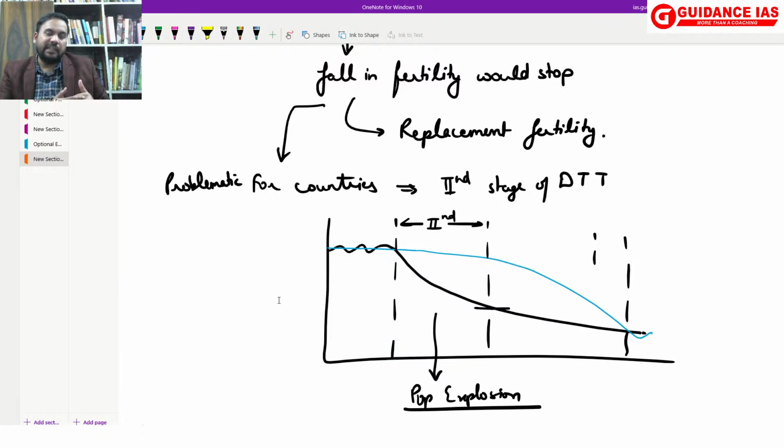And if mortality levels are high, that means the chances of their children surviving and becoming adults so that they are able to take care of them in future is less. So they will be going for what? More number of children, so that some of the children survive and become a kind of future insurance for them. That is why once the mortality has declined to a very low level, then only the fertility transition starts, fertility decline starts.